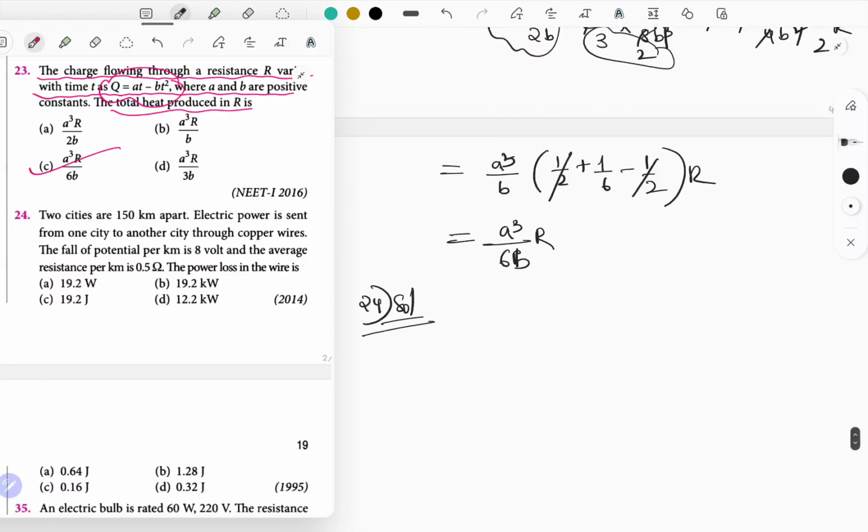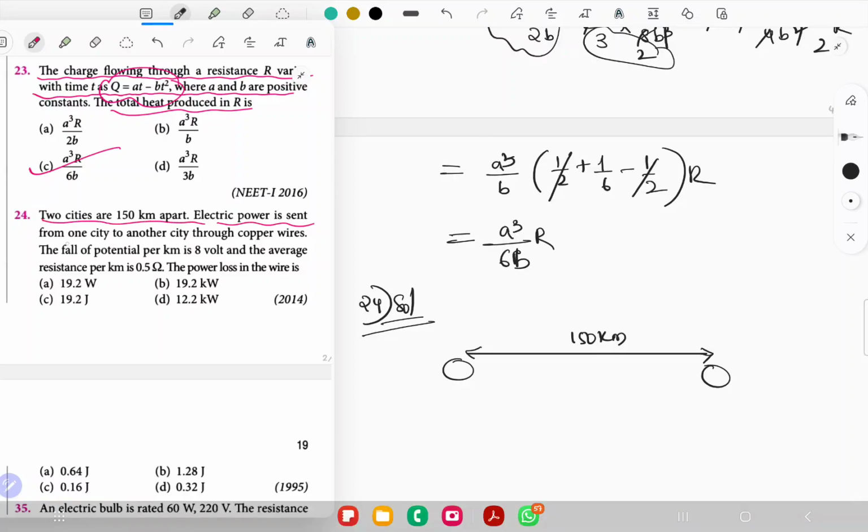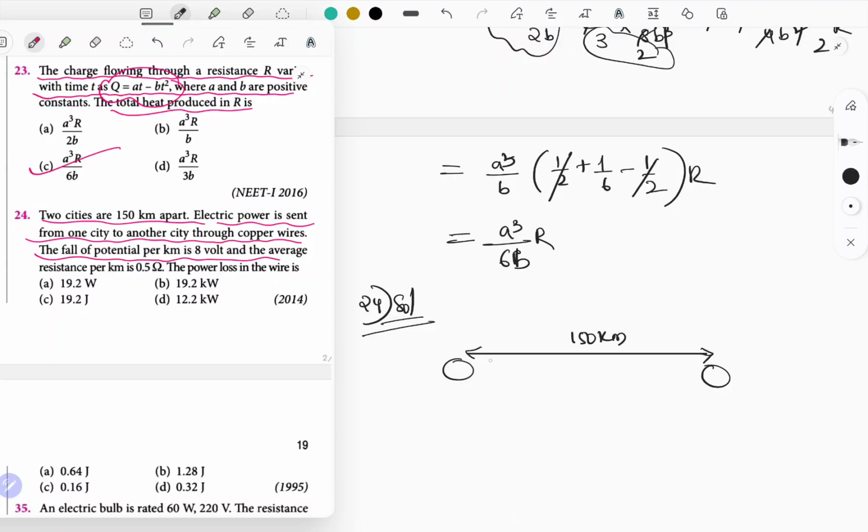Okay, so there are two cities which are 150 kilometer apart. Electric power is sent from one city to another city through copper wires. The fall of potential per kilometer is 8 volt. For every 1 kilometer, 8 volt drop is occurring.